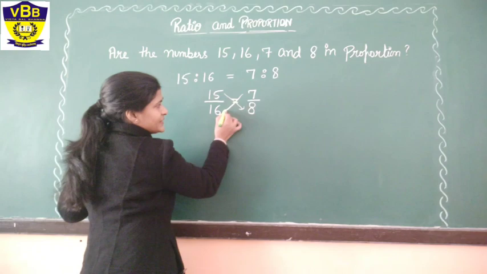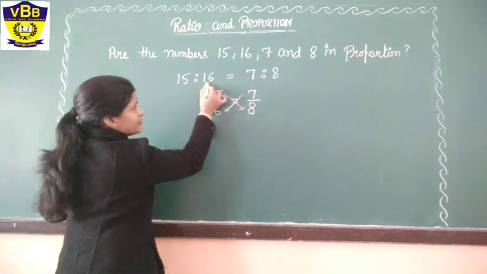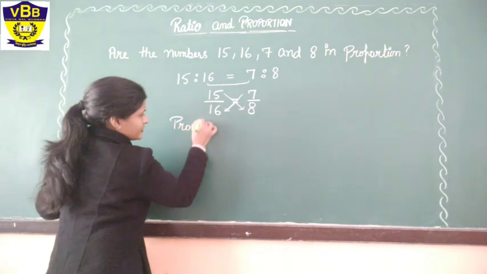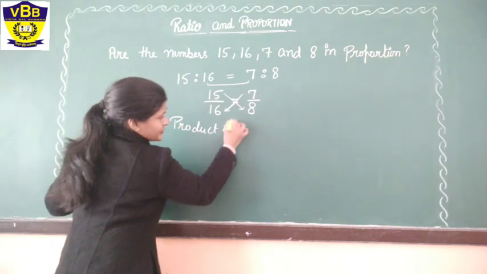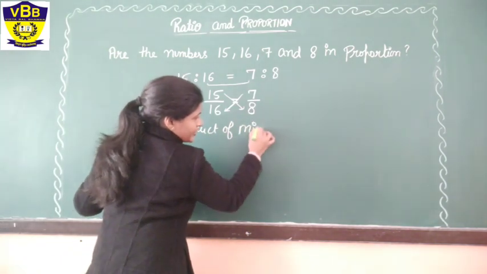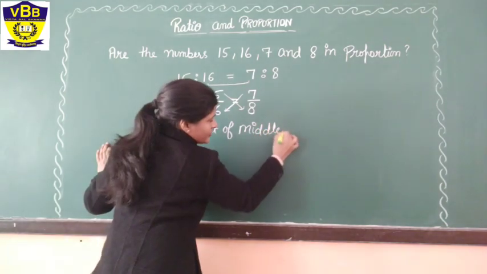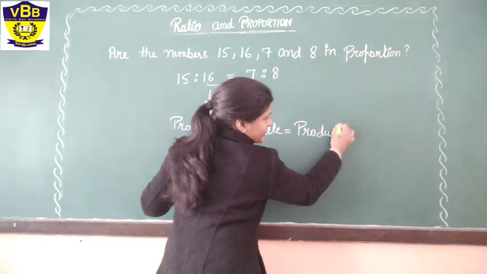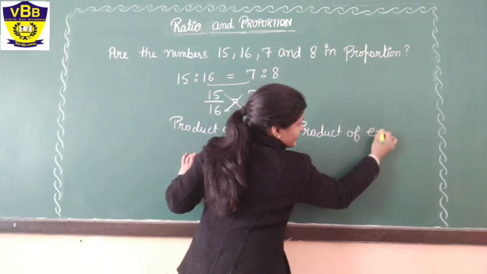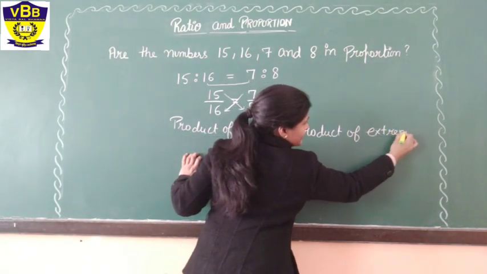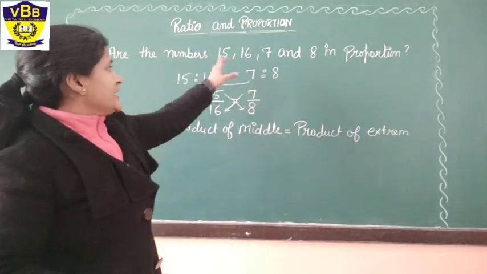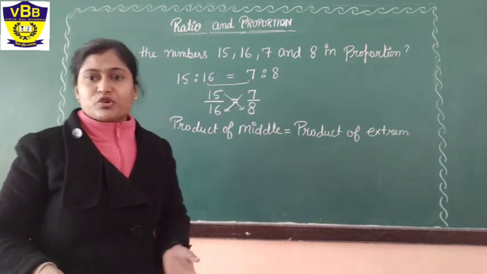Cross multiply these numbers. These are called the middle terms. If the product of the middle terms is equal to the product of the extreme terms, then you can say these numbers are in proportion.